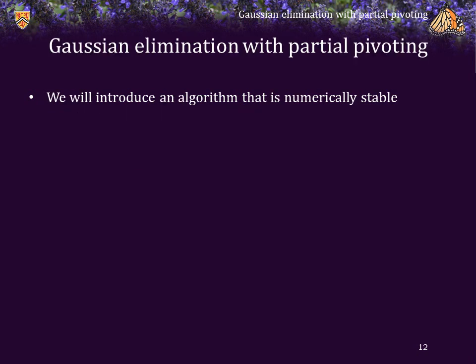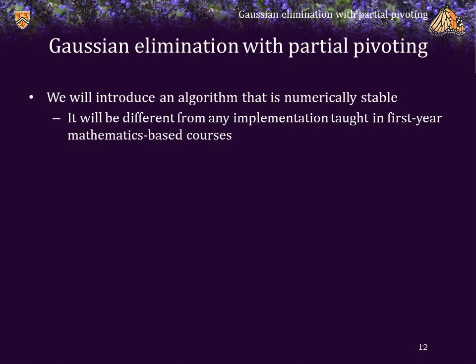So we are going to introduce the algorithm that is called Gaussian elimination with partial pivoting. This is an algorithm that is numerically stable. It is going to be different from any implementation taught in first-year mathematics-based courses.